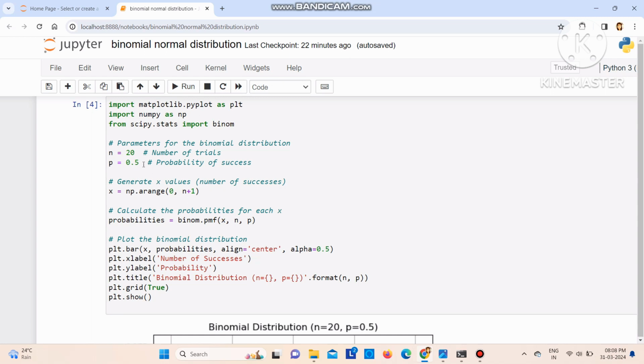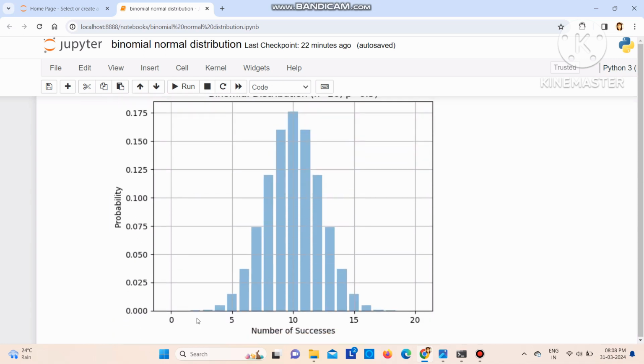We have already said 0.5. So the probability of getting 0 successes when p is 0.5 and n is 20, whatever the value is, it is given here. Okay, when it is 0 it is nil.